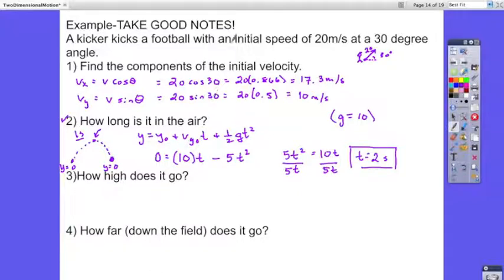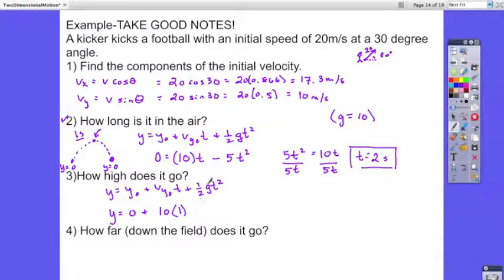How high does it go? Well, we can use that same equation. y equals y0 plus vy0t plus 1/2 gt squared. Remember I said it takes 1 second to get to the peak? So what I really want to find out is where is it at 1 second. So y equals, the initial y position is 0. The initial y velocity is 10. We're curious about where it is at 1 second.